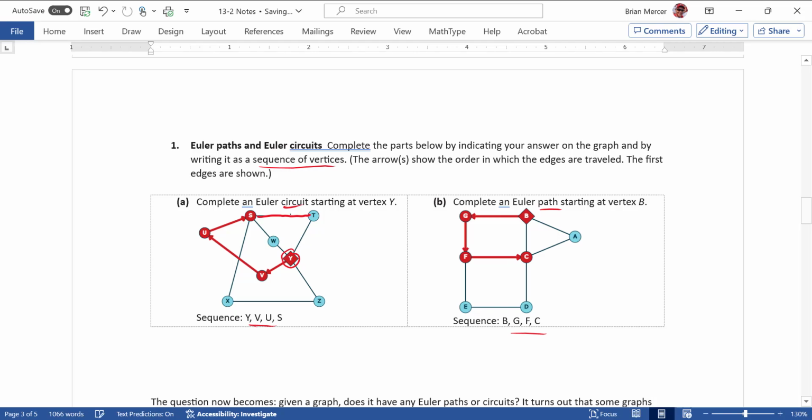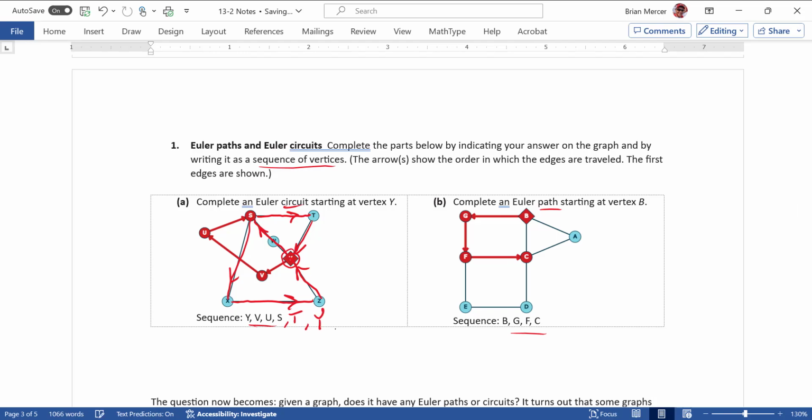I'm going to go over here to T, down to Y, then back up to S, back down to X, back over to Z, and back up to Y.